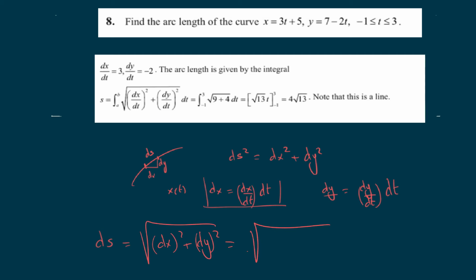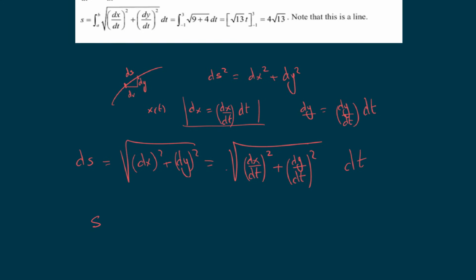So it's the square root of the derivative of x with respect to t, squared, multiplied by dt squared, plus the derivative of y with respect to t, squared, multiplied by dt squared. So I will take dt squared out of the square root and put dt. So this is ds, so the s that will depend on t will be the integral from t1 to t2.